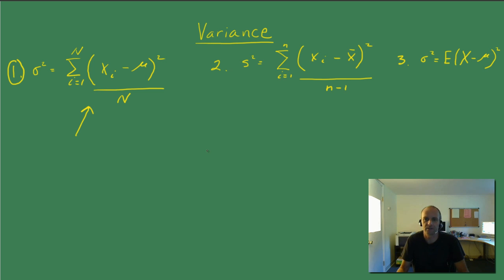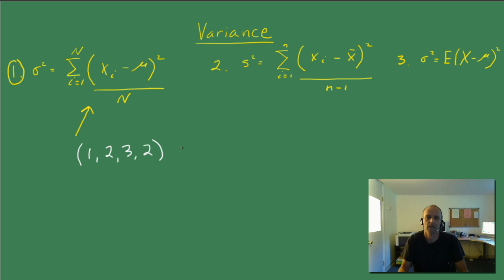The idea of variance is that it's a measure of how spread out the data is. So if you have a group of numbers, let's just start right off the bat here. Let's say we have a group of numbers that are 1, 2, 3, and 2. That's all we have. This is not a sample of anything. That's the population.